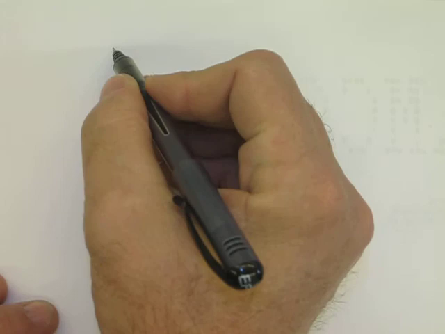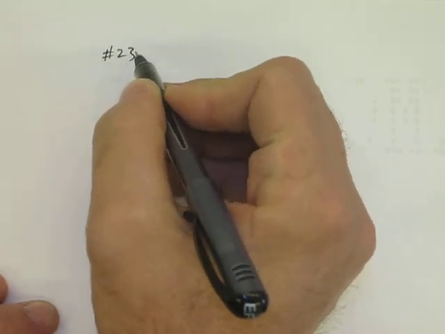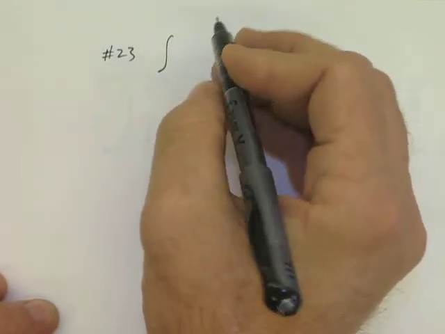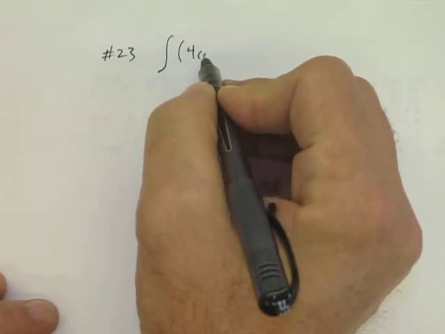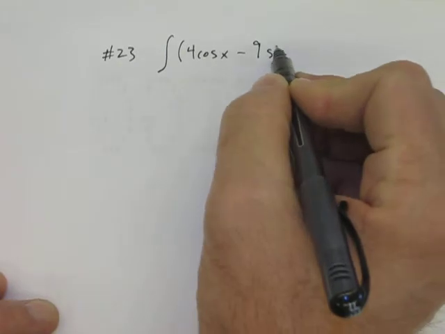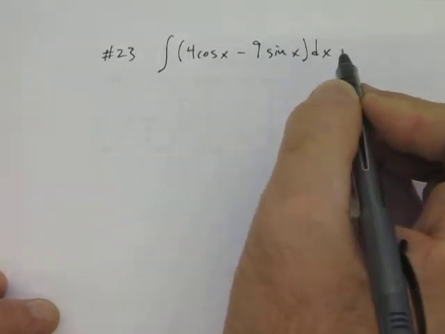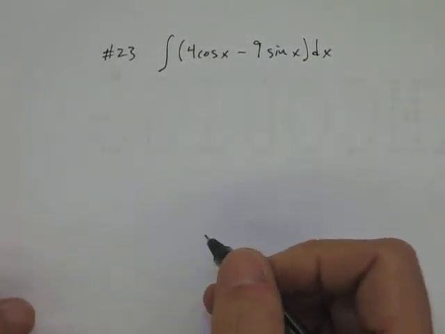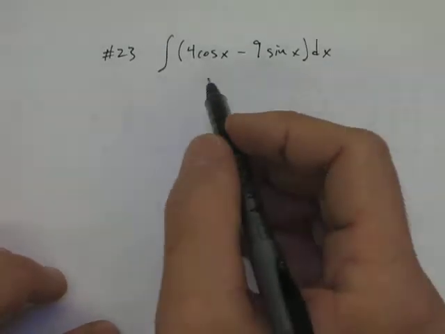We have in problem number 23, looking for the antiderivative of 4 cosine x minus 9 sine x dx. Don't forget the dx, got to be there. Okay, let's see.